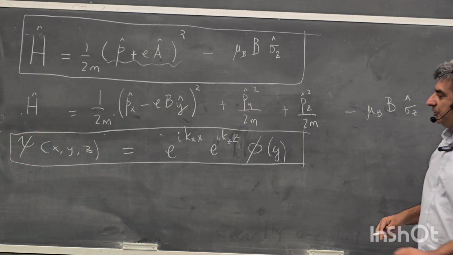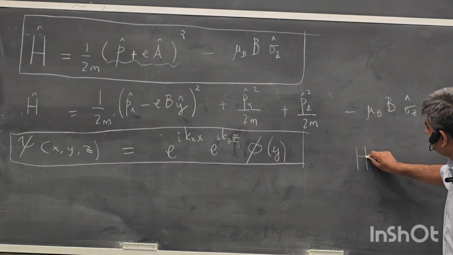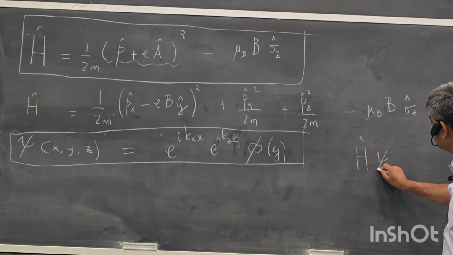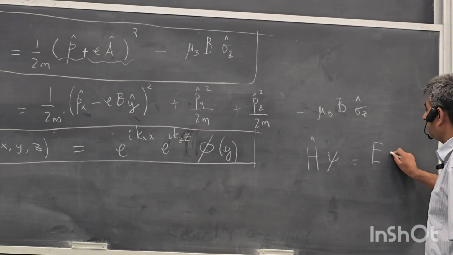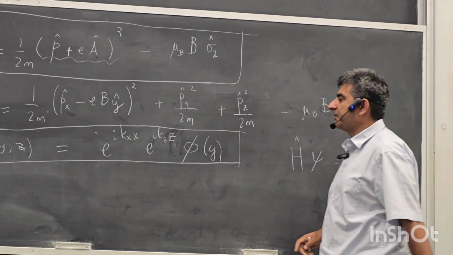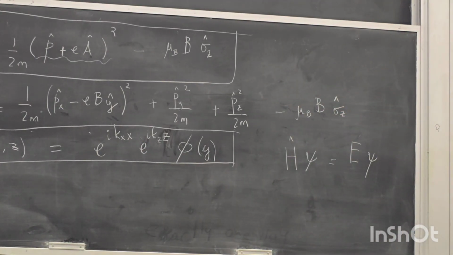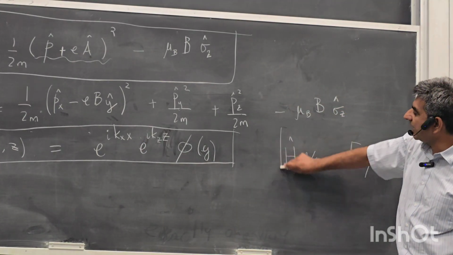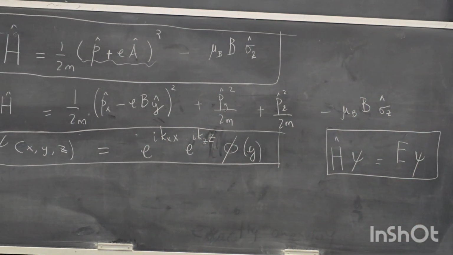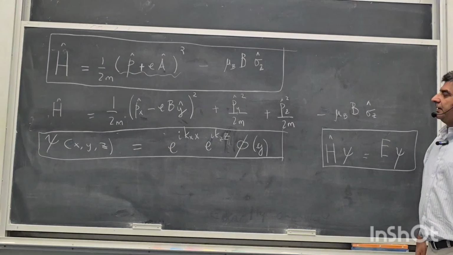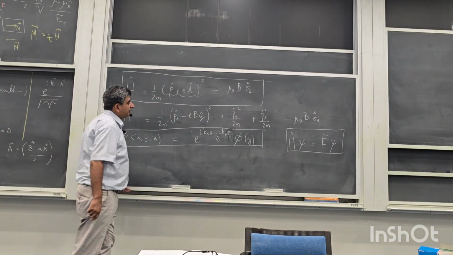and in the time independent Schrodinger equation, you have the Hamiltonian and this ansatz. This will give us the energy for a particular quantum state with a particular value of kx and kz. So this is the time independent Schrodinger equation. Now we could do something really interesting here.